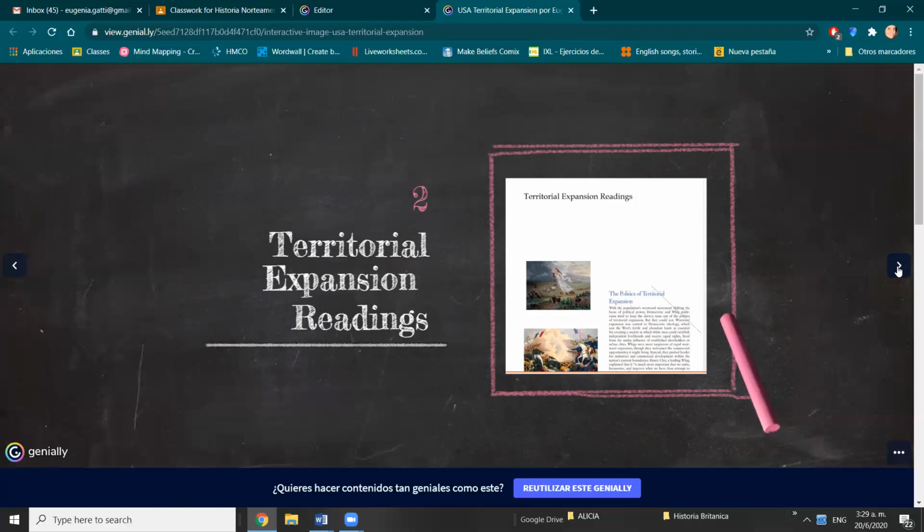This is very important for us because Texas is one of the biggest and most populous and more prosperous states in the nation. So the power of the state is even today very, very important. So by reading about the context of its annexation, we will also learn a little bit about the identity of this very special state.